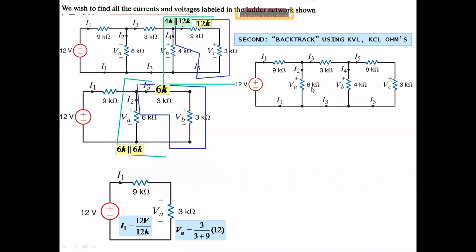Here we know the value of the 6 kilo ohm resistance and the voltage. So current I2 will be what? I2 will be VA divided by 6. According to Ohm's law, current I2 will be equal to VA, that is the voltage, divided by the resistance. It will give us the circuit current I2.